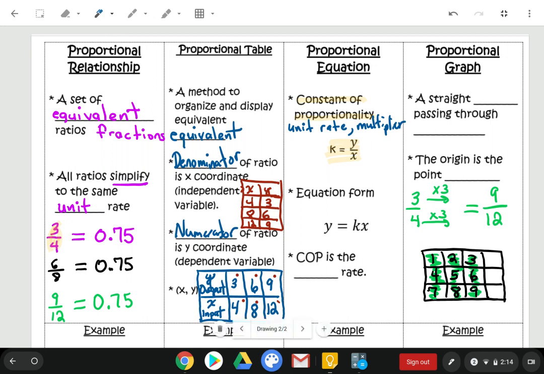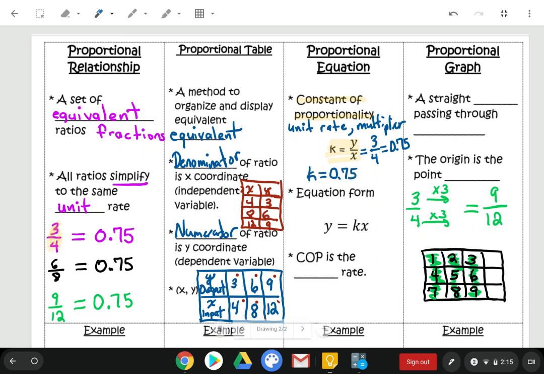Okay, so going back, remember we had a y of 3 and an x of 4, and I just pulled that value out of the table. And we said that when we simplify that, or when we do the division and get the unit rate, we get 0.75. Okay, so here our constant, which we represent with the letter K, not C, but K, is equal to 0.75.